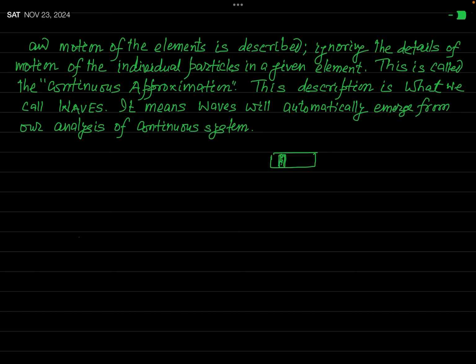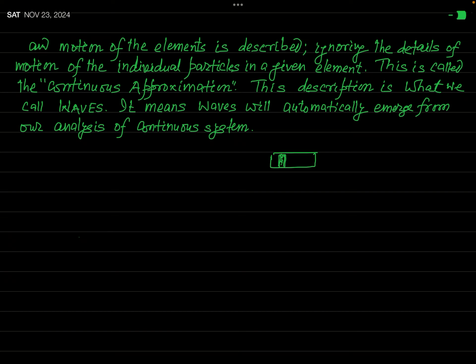This technique is called continuous approximation. And when this description is used to replace the description using the displacements of individual particles, we simply say that we are dealing with waves.